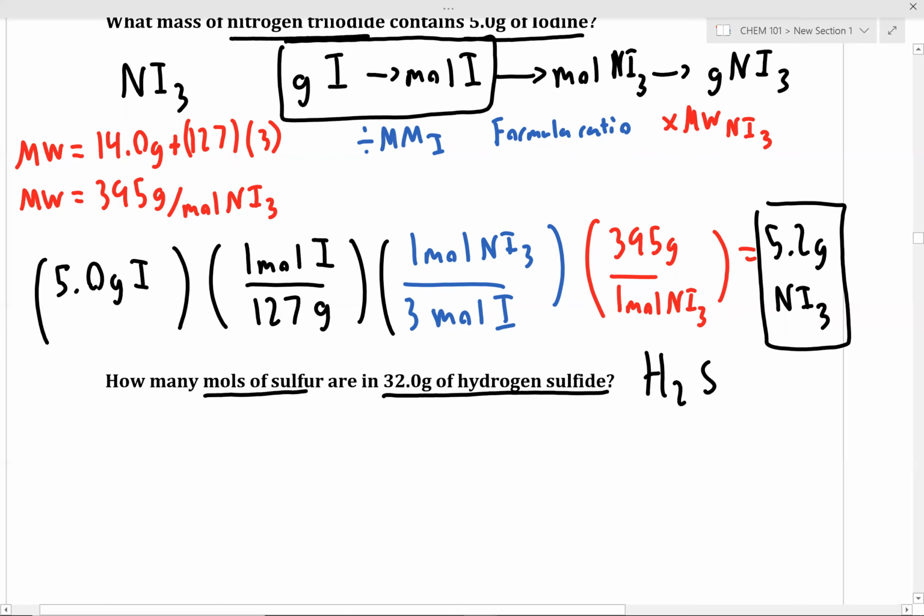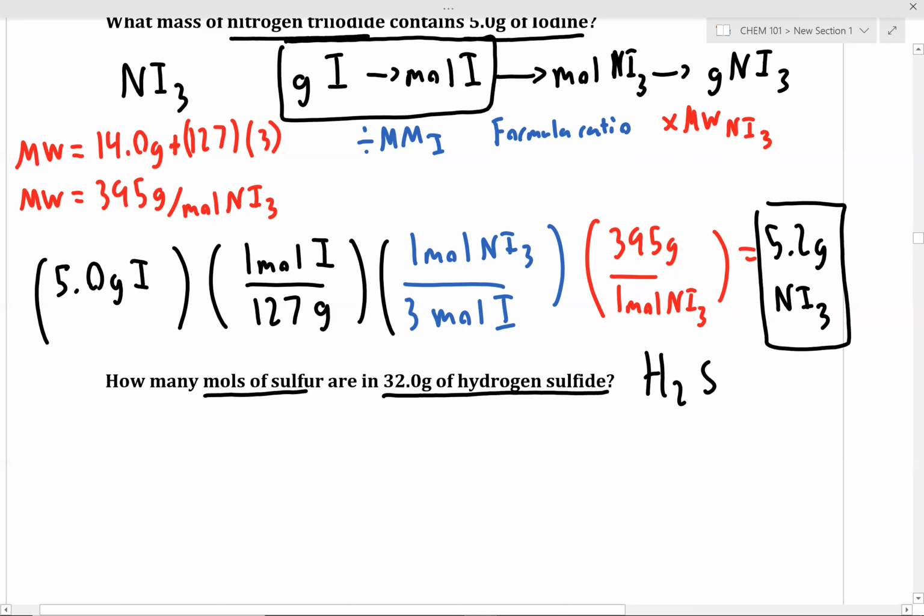Oh, I'm asking for the moles of sulfur. Yep. Oh, we're given the mass of hydrogen sulfide, so we divide by the molar mass of hydrogen sulfide. Does that make sense? Everything going okay? Is the solution good?